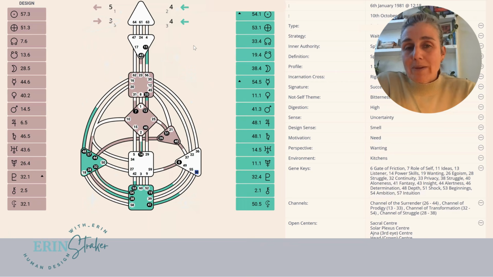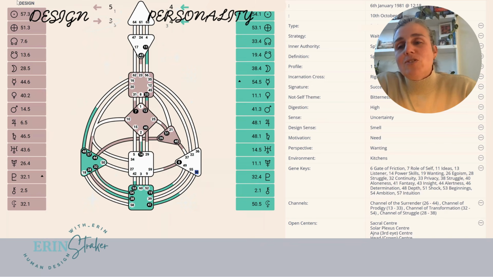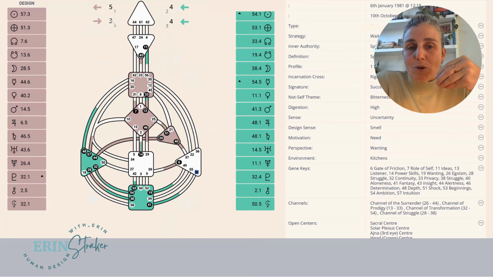So one more thing before we go, you can see here that you have your personality and then you have your design, right? Your personality is essentially what shows up and what showed up on the day of your birth. And then your design, which is like your unconscious conditioning, is what was imprinted 3 months before that. So the personality would be the things that would probably be in the front of my mind, that I'm a little bit more aware of.